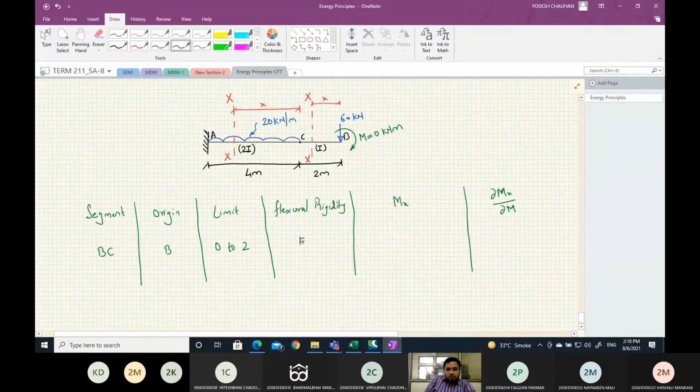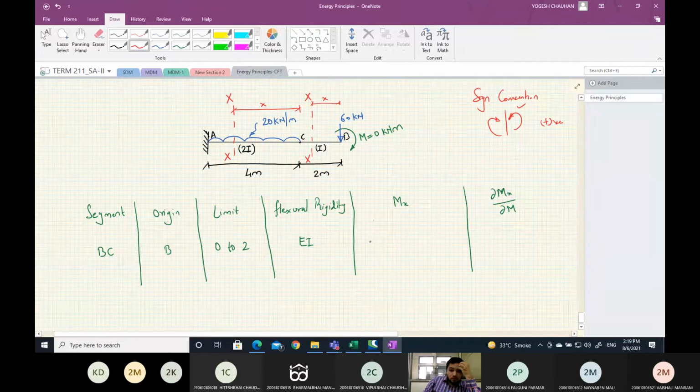Flexural rigidity is EI. Now the moment about this section will be, as per our sign convention, sagging is positive, so anticlockwise is positive, but this is clockwise, so it will be minus M. You can assume it as anticlockwise also, because ultimately this value is 0 only, so it is up to you, but here we are assuming it clockwise, so it is negative.